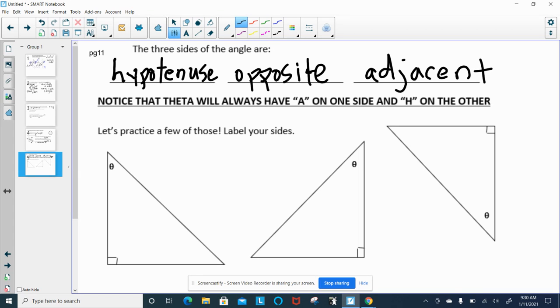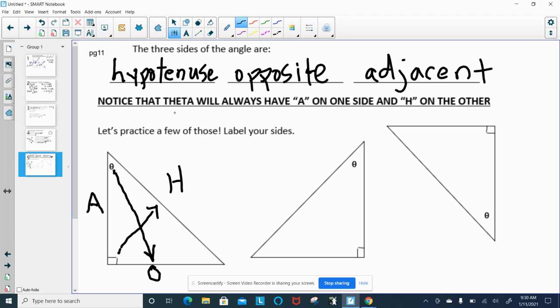So let's practice a couple more. So let's do H first. That's easy. Now O is going to go from theta to the opposite side, and adjacent will be next to theta.